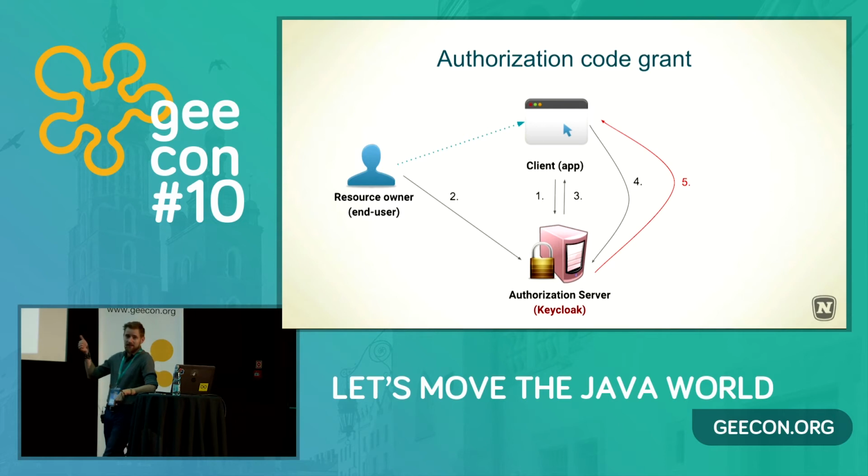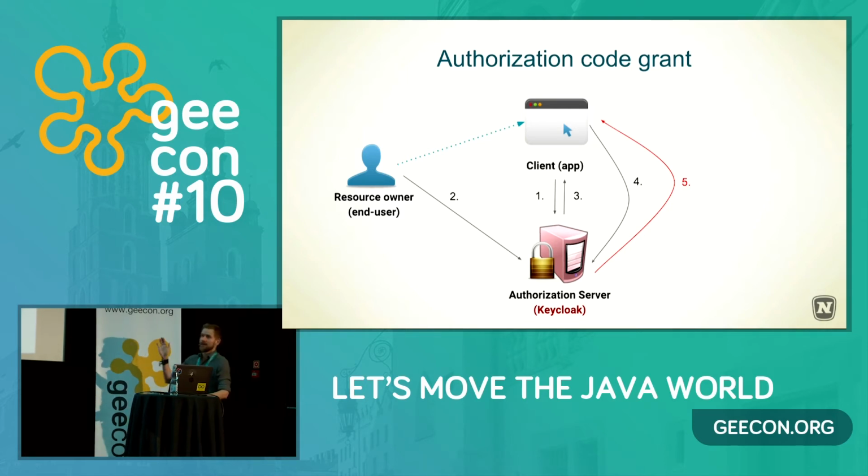And what the client app should do now, since it's confidential, since it's web-based and server-based, is reuse this code and pass client ID and client secret as well with another round trip in stage number 4 to the authorization server, and now we're all good. Now the authorization server can authorize the client as well, and in step number 5, we're going to end up with the very same access token that we ended up with in the implicit flow.